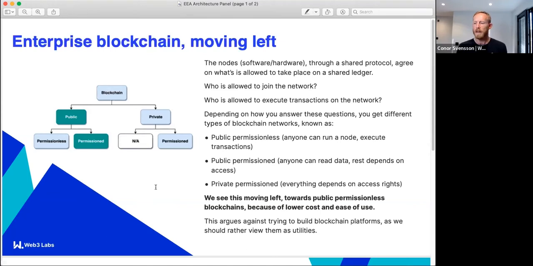But there's certainly been a trend over the last few years that we've seen, and this is around this idea of moving, in some cases, away from the private permission models, ultimately towards public permissionless models. If we look at the graphic here, it shows how these blockchain networks can be deployed. In the earlier days, the private permission networks, this ring-fence model, was certainly very appealing.